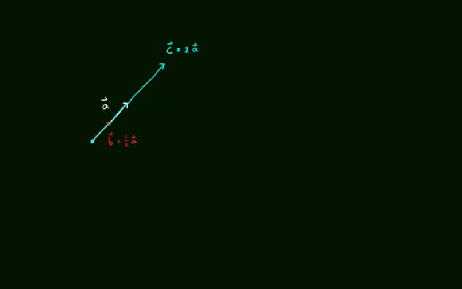Let's consider a vector going in the opposite direction, so starting here and a vector coming down like this, and let's call that vector D, and perhaps vector D is, I'm not sure, maybe negative 1/3 of vector A.